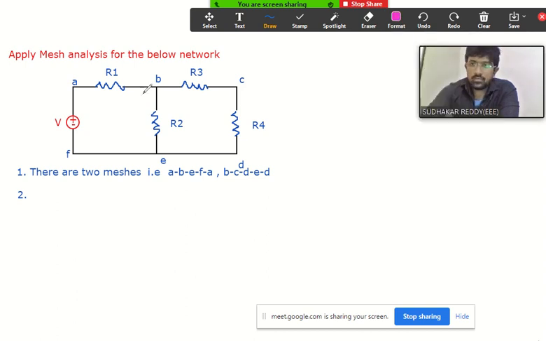Here I will assume, for this loop first, I consider this loop current as I1. And I consider this loop current as I2.